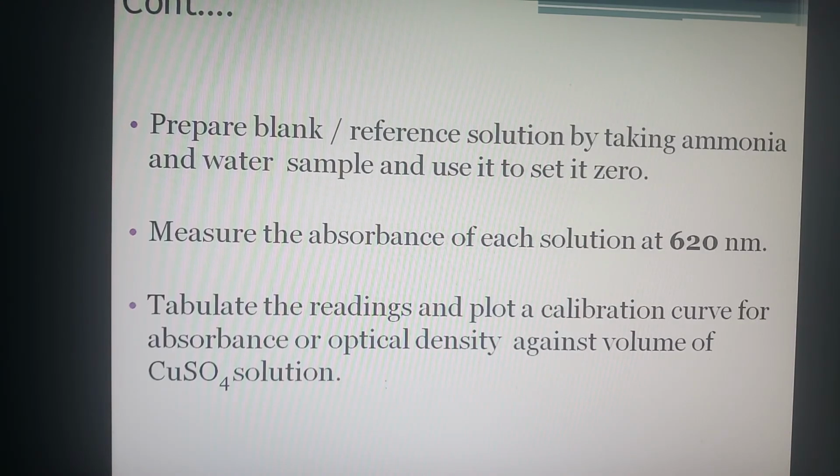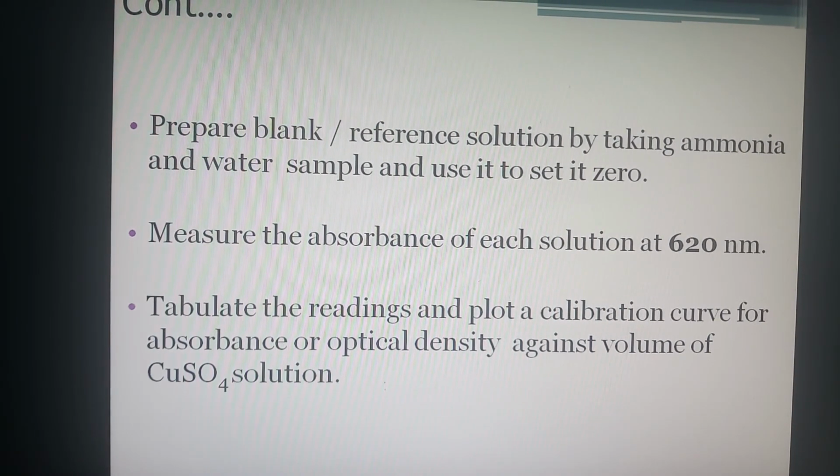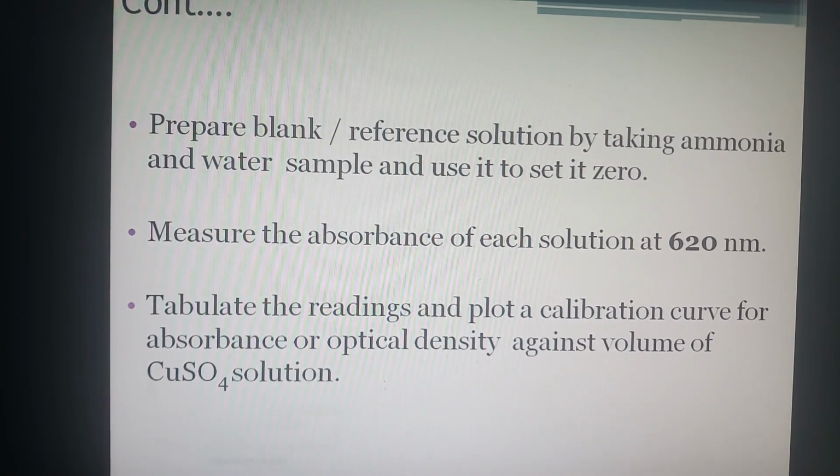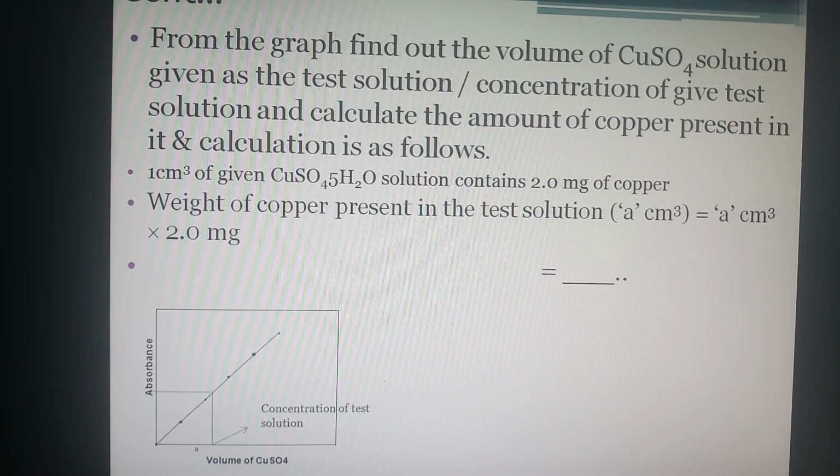In the same way, prepare the blank or reference solution by taking just ammonia and making up to the mark, which is used to set the standard reading to 0. Measure the absorbance of each solution at 620 nanometers for the specific color, tabulate the readings and plot the calibration curve between absorbance or optical density versus copper sulfate concentration. I'll show you the conduct of the experiment, just watch it.